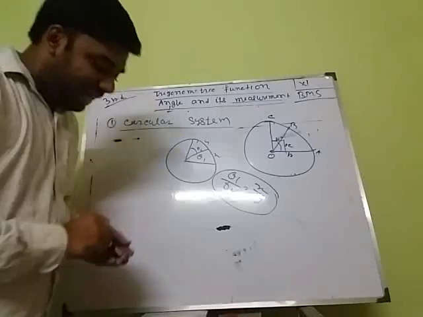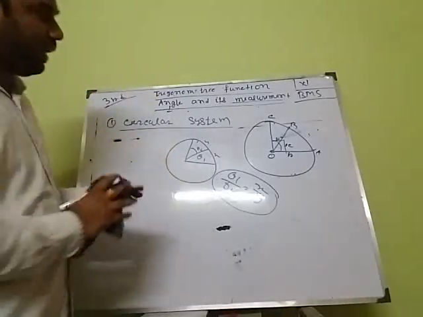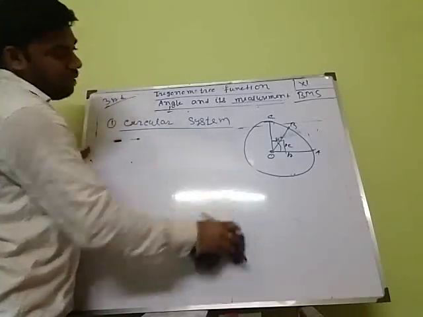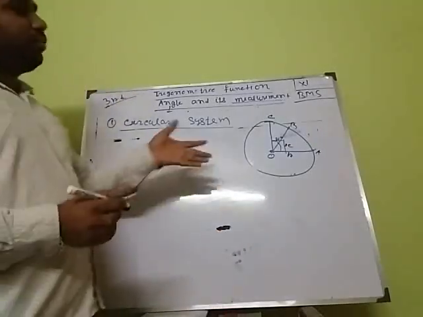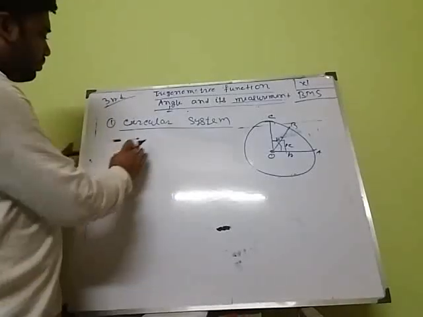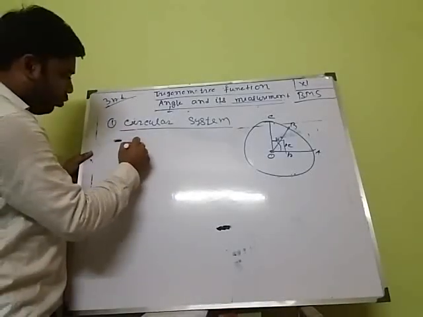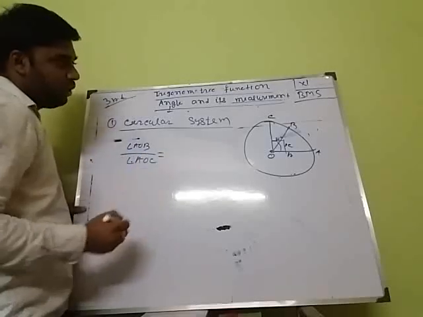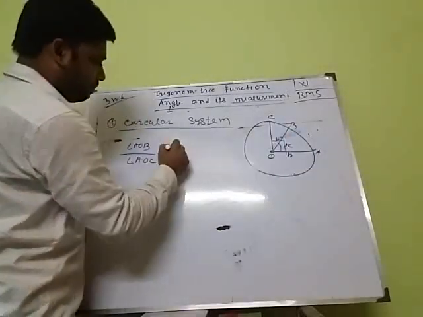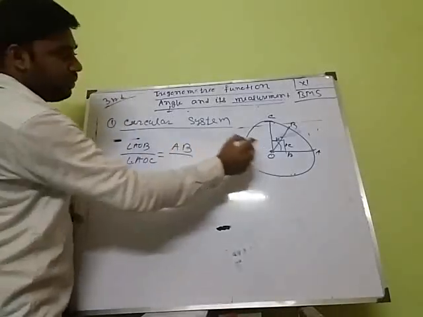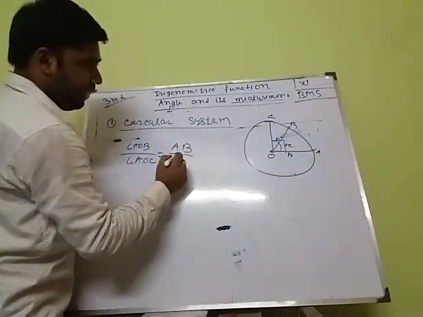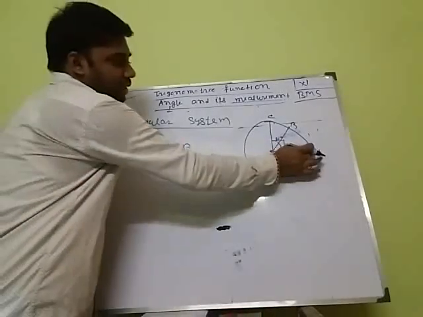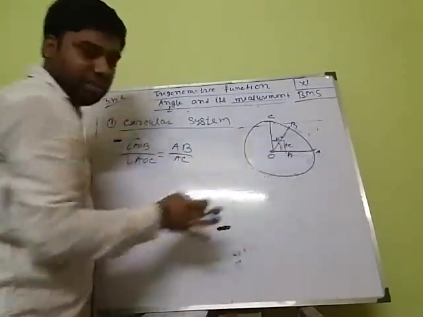So the angle subtended by an arc is directly proportional to the length of the arc. Using that proportional rule, angle AOB by angle AOC equals AB by AC, the arc made by angle AOC.